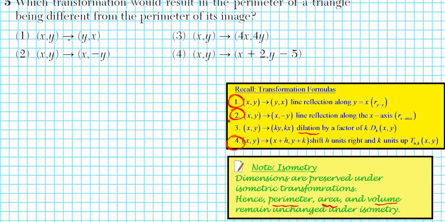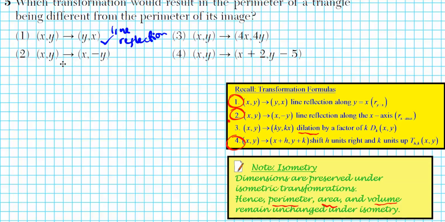Option 1, this one right here is a line reflection along y equals x. So this is a line reflection. Is it isometric? Yes, it is isometric because you're just reflecting along the line. You're not changing anything, okay?